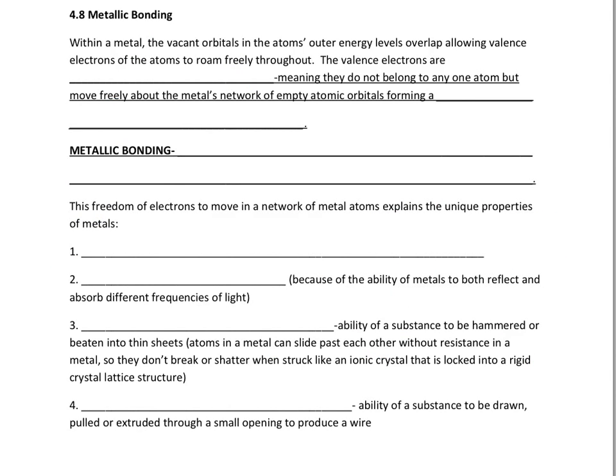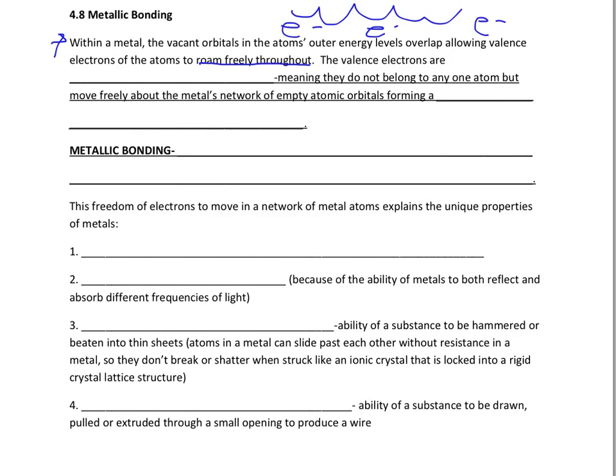So we're going to finish out our day here with a quick discussion of metallic bonding. Within a metal, vacant orbitals in the atom's outer energy levels overlap, allowing valence electrons of the atoms to roam freely throughout. That's that sea of electrons that we talked about last week.